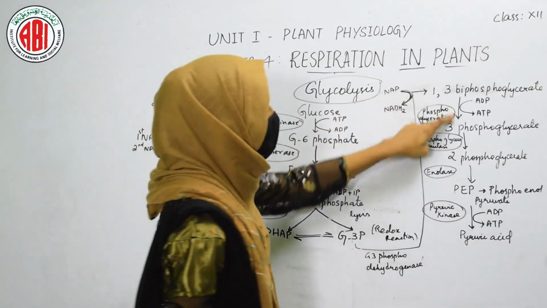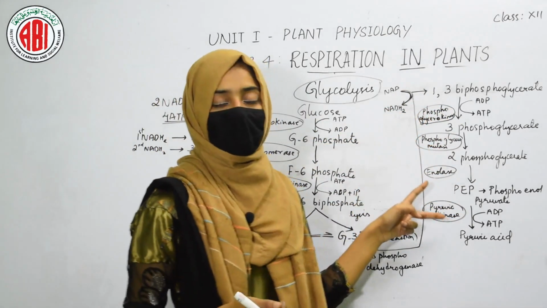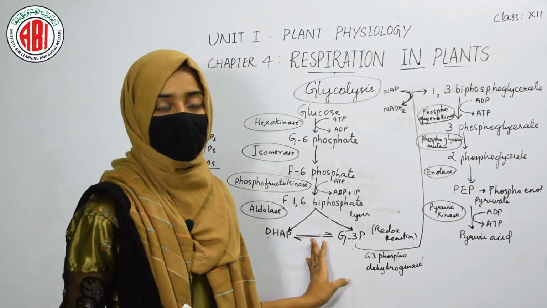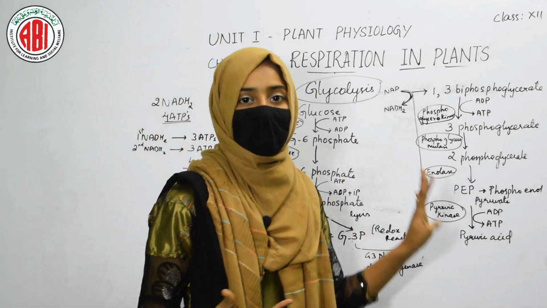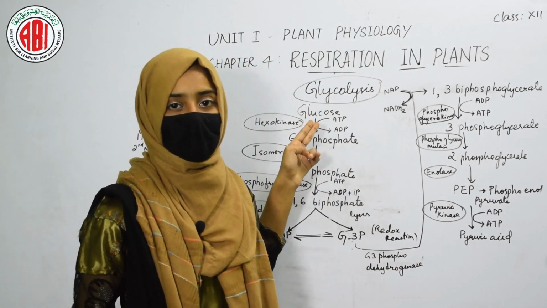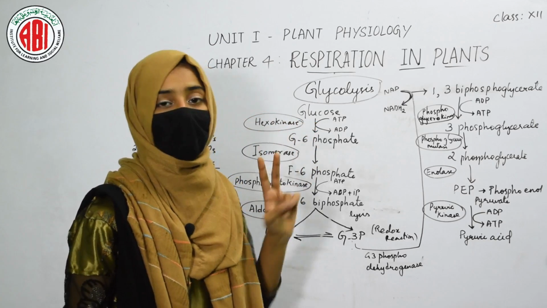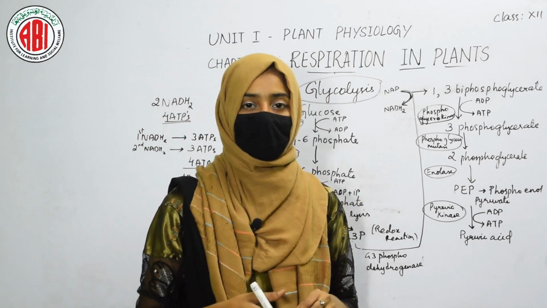Only 2 ATPs will be generated at these two steps. As the reaction takes place twice after the interconversion of the DHAP also, 4 ATPs in total will be generated. Out of 4, 2 will be used up in the first reactions of glycolysis. So in this way, only 2 ATPs can be synthesized in anaerobic respiration.